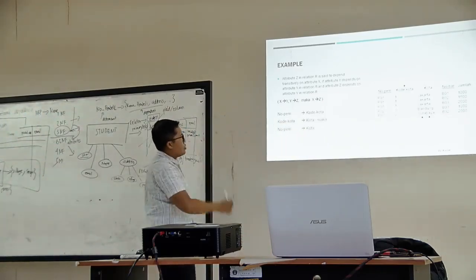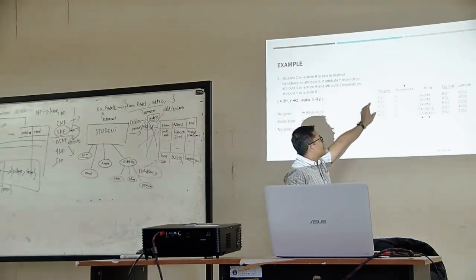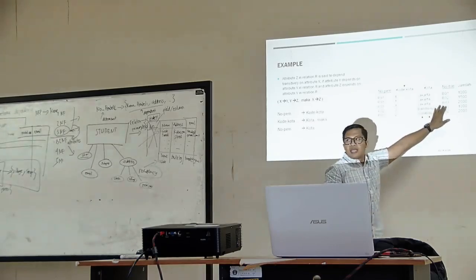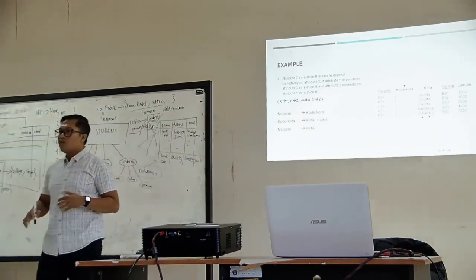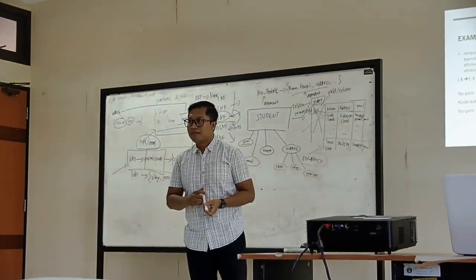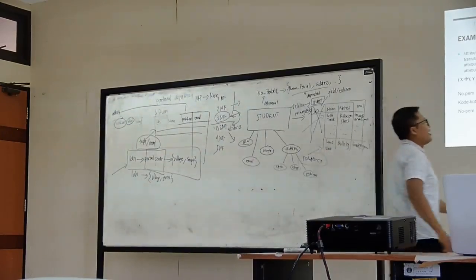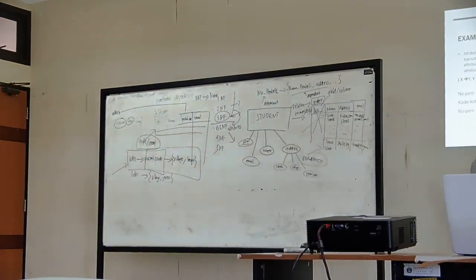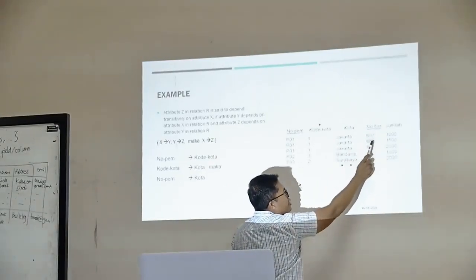But we need to know how the relation between nomor pembeli and nomor barang. Does it have a relation or not? You can see it. If we have P01, the nomor barang will be B01 or B02 or B03.